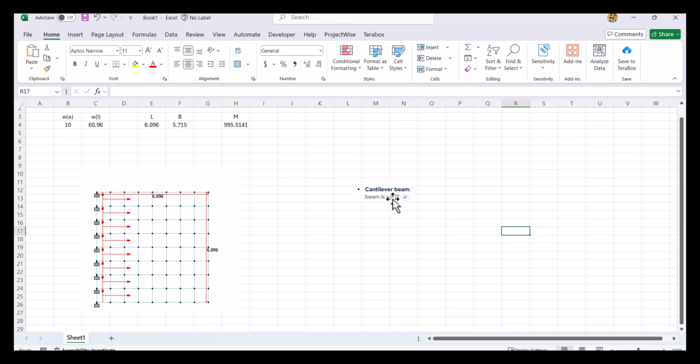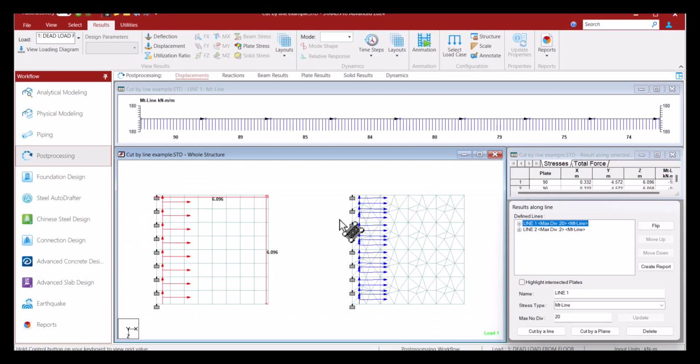Using this formula, the total moment about this line is 995 kilonewton meter. Now it's almost close to 1000. Okay, fine.